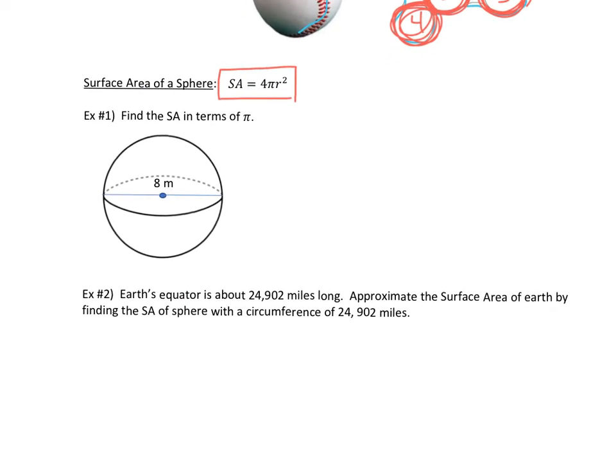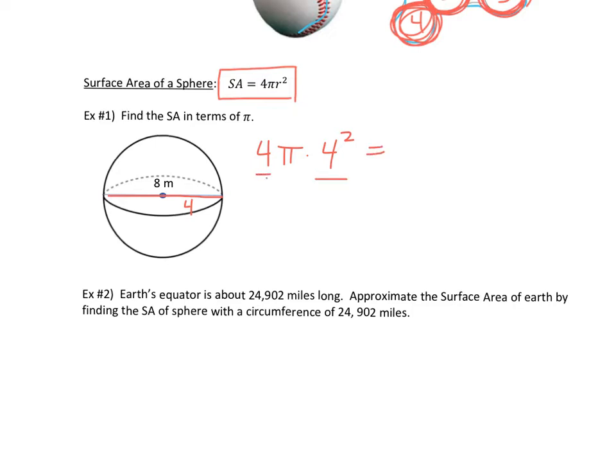So they're going to give you a picture like this and say find the surface area in terms of pi. So if it's 4 pi r squared and they give you this, your diameter is 8. That means your radius is 4. So we would go 4 times pi times the radius squared. So you're going to plug in 4 times 16.